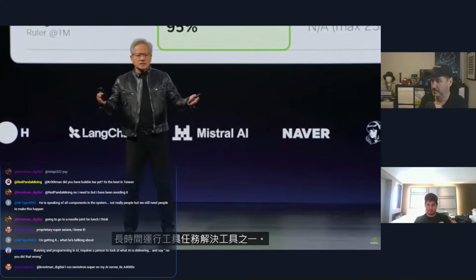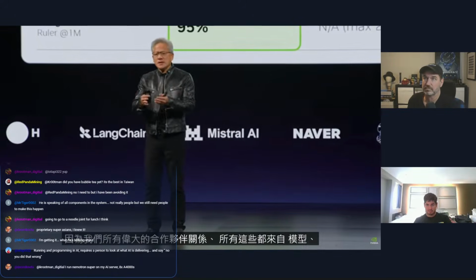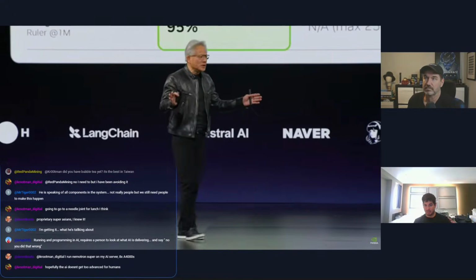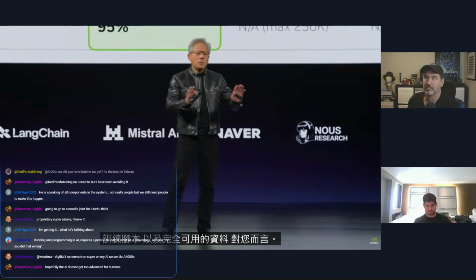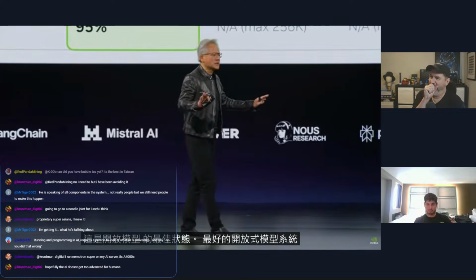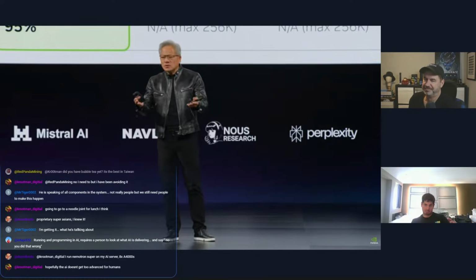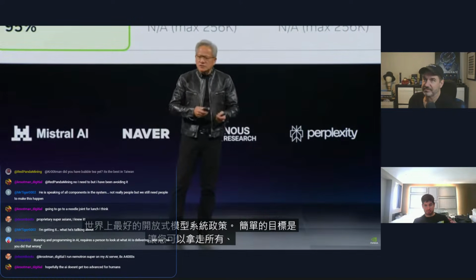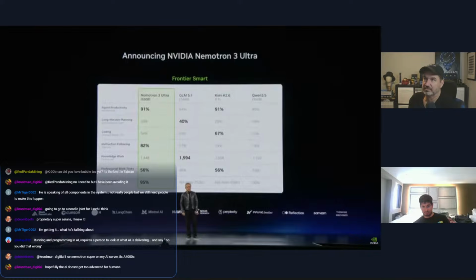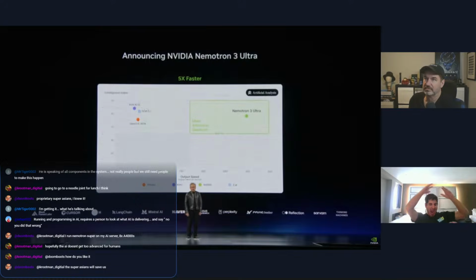The model, the training script, and the data are made completely available to you. This is open models at its best. The simple goal is so that you can take all of it, add to it, make it even better, make it yours. Nemotron 3 Ultra is 5 times faster.